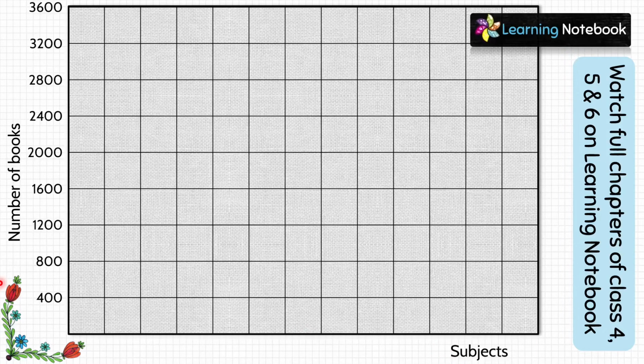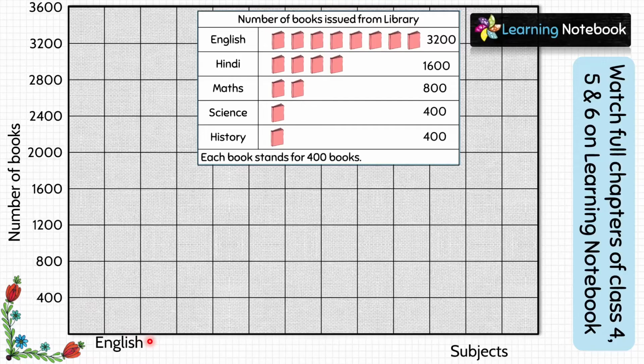Now, let's start making the bar graph. First, let's represent number of English books, which are 3200. Students, we will represent English books using red circles.